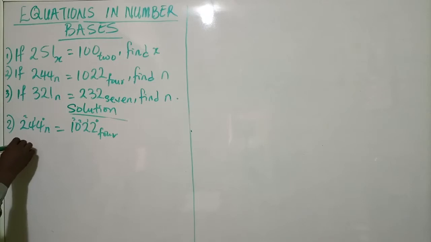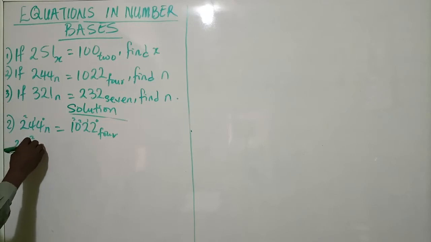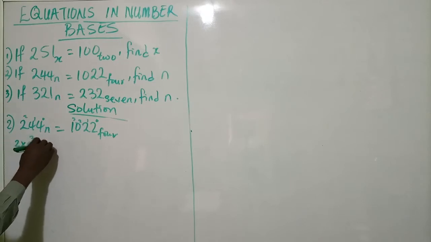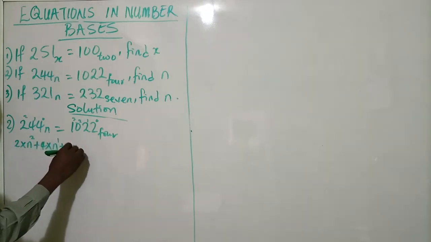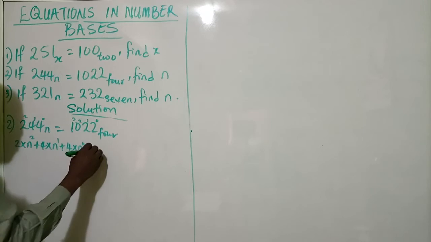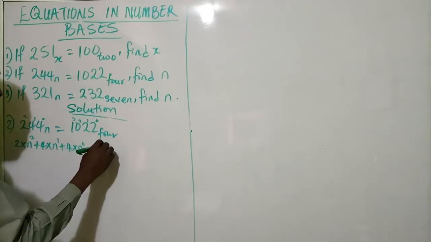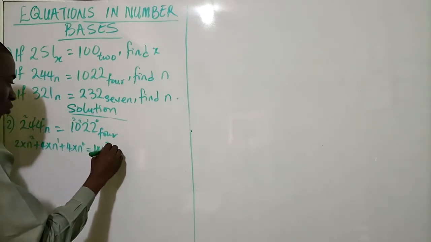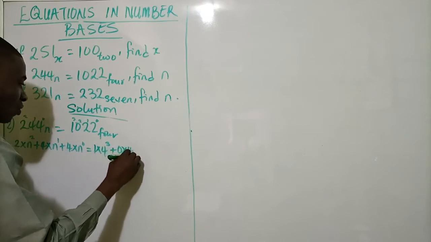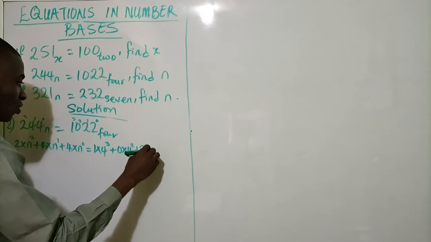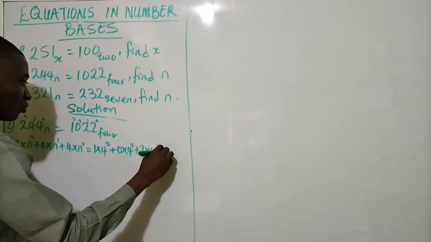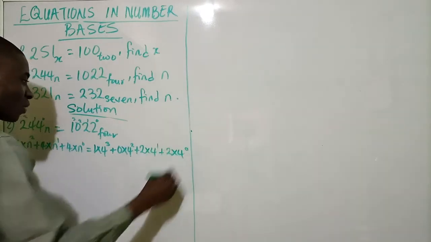So this is 2 times n raised to the power of 2 plus 4 times n raised to the power of 1 plus 4 times n raised to the power of 0 equals to 1 times 4 raised to the power of 3 plus 0 times 4 raised to the power of 2 plus 2 times 4 raised to the power of 1 plus 2 times 4 raised to the power of 0.